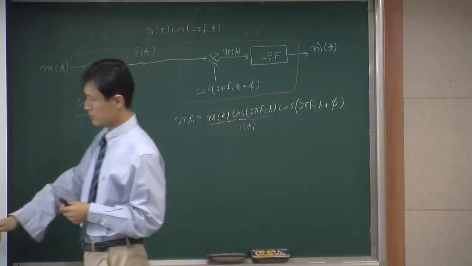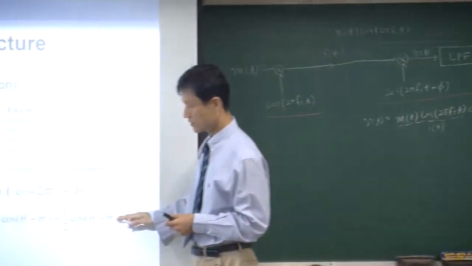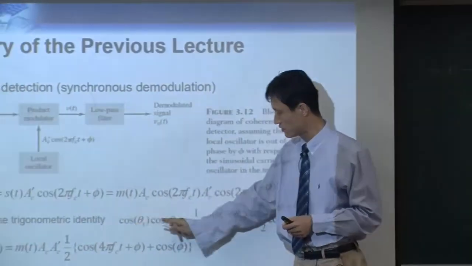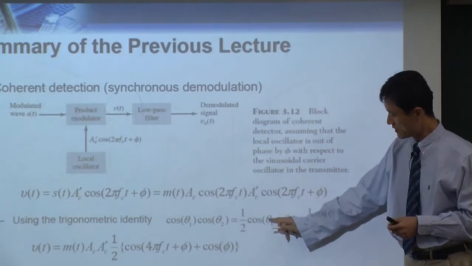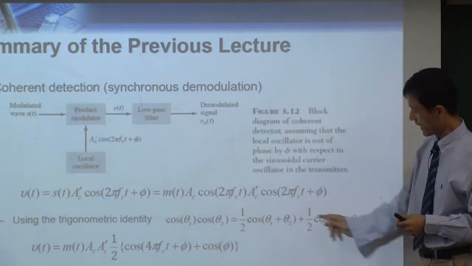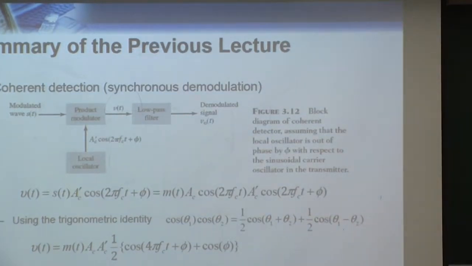So now what we need to use is this trigonometric identity. Two different cosines multiplied equal half of the addition of two different cosines. Okay?